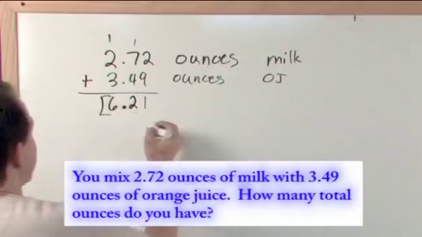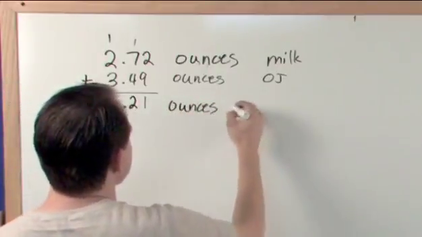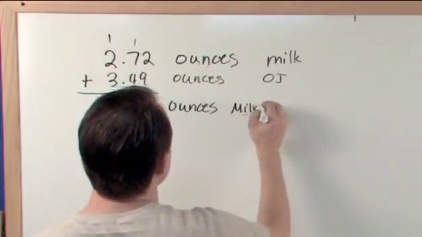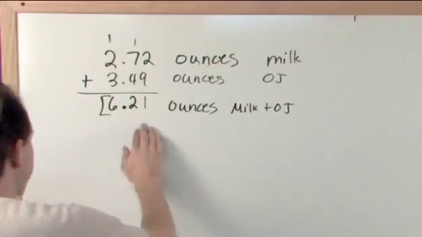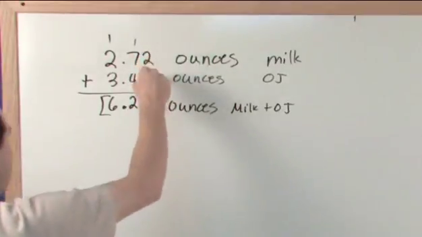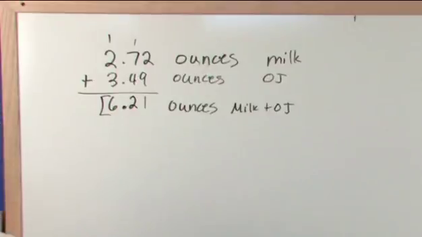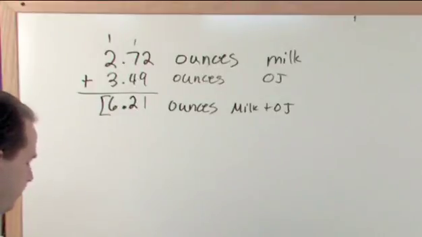So it's 6.21 ounces of milk plus OJ. I'm mixing milk with orange juice. So this is how many total ounces I have. I start out with 2.72 ounces of milk. I add 3.49 ounces of orange juice. Total amount I have is 6.21 ounces of milk plus orange juice, or a mixture of milk and orange juice.